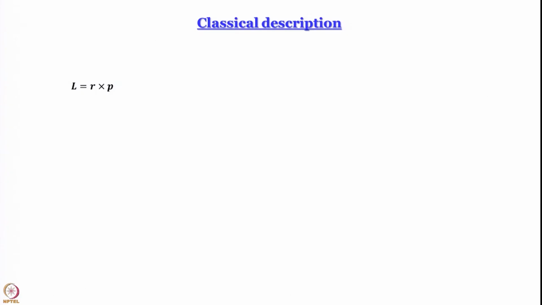Here what we will do is we will work with the components. So, we can write r, the position vector, right. The position vector is given by i multiplied by x plus j multiplied by y plus k multiplied by z.